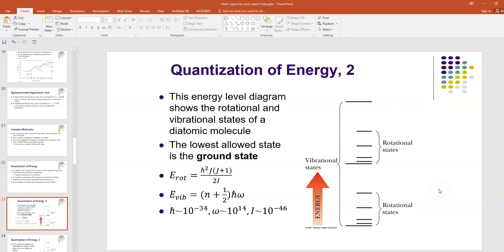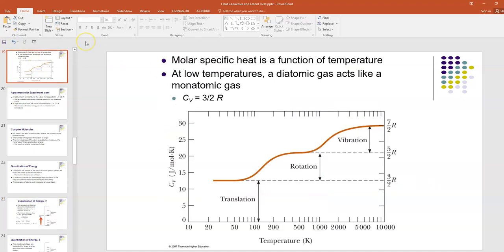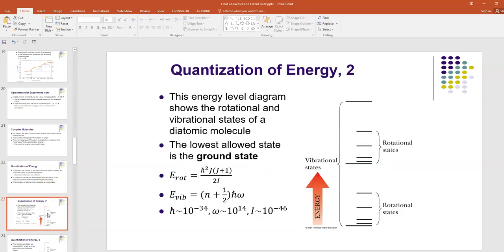And all that affects the heat capacity. So this is the idea that you have these heat capacities that you plot versus the temperature that change as the temperature changes. And the explanation for that is quantum mechanics. Now, I don't care so much at this level that you fully understand these equations here at the bottom.